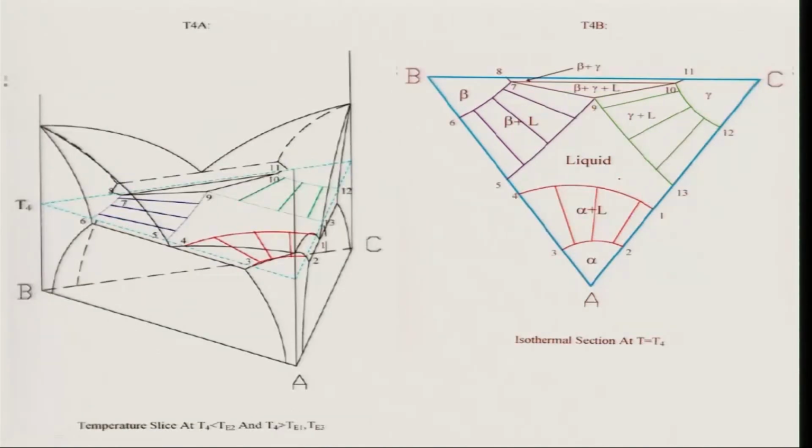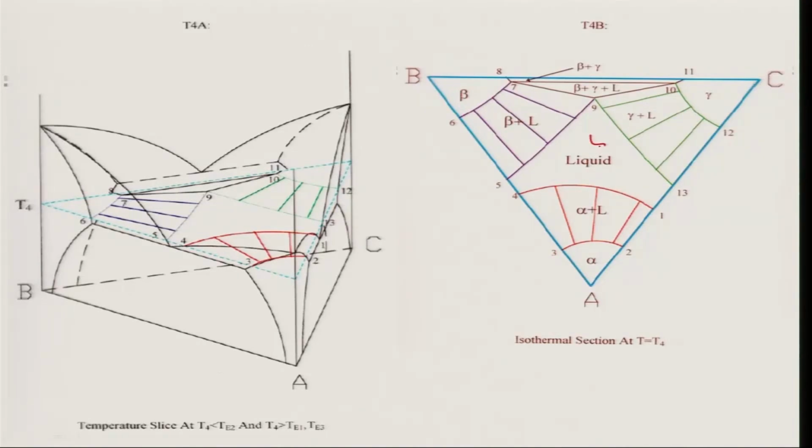Now different things will come once you take a section which is a little lower than the eutectic between B and C, but higher than the eutectics between A and B and A and C in this particular case. So you see here, because you have already gone to a temperature lower than the eutectic temperature between B and C, you have a triangular region beta plus gamma plus L. This is a three phase equilibrium region, and also you have a region beta plus gamma between gamma and beta. The rest of the things remain the same, liquid remains in the center, correct.